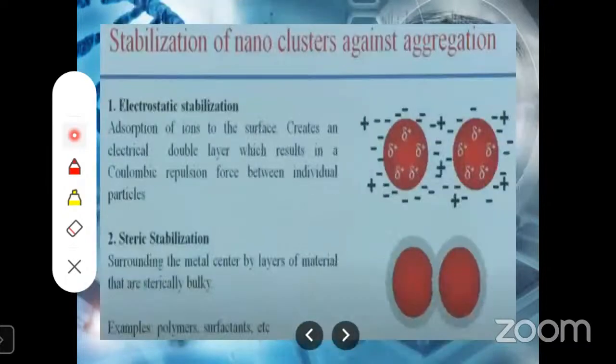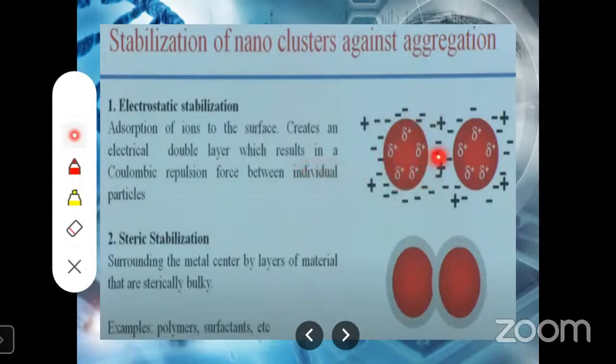Okay. Next is the stability of nanocrystals against aggregation. Here we have 2 processes: one is electrostatic stabilization and the other is steric stabilization. In electrostatic stabilization, the stabilizing agent adsorbs on the ion surface, where it creates an electric double layer, which results in Coulombic repulsion between the individual particles.